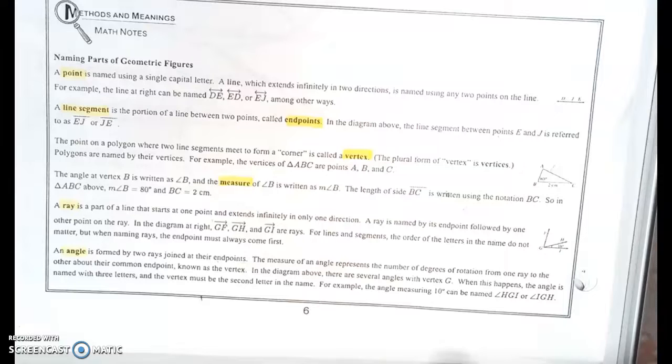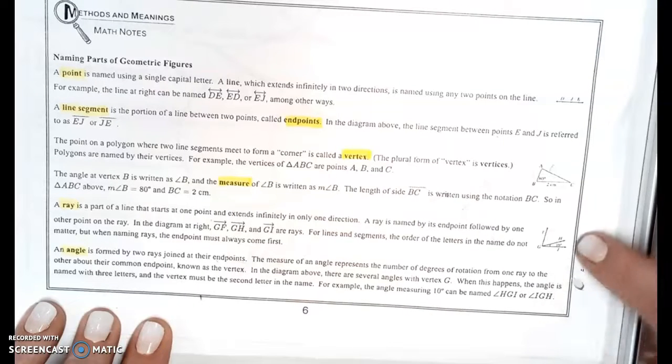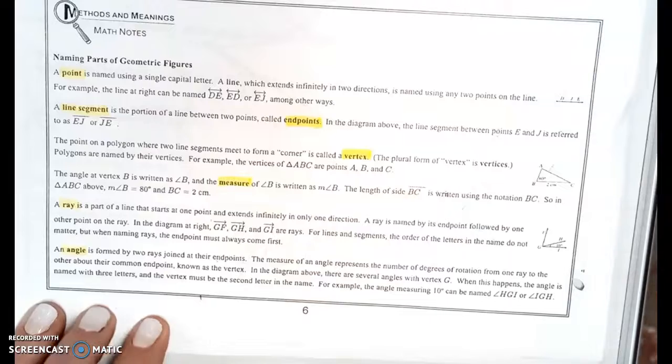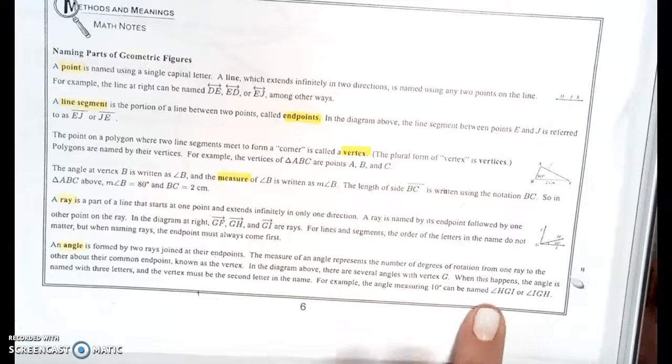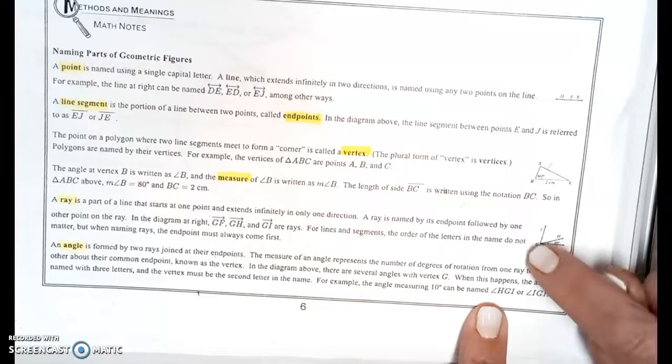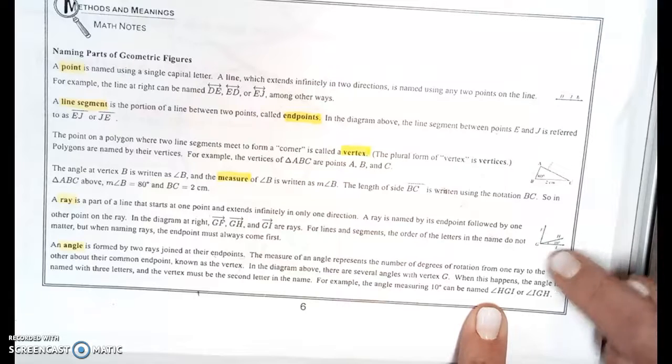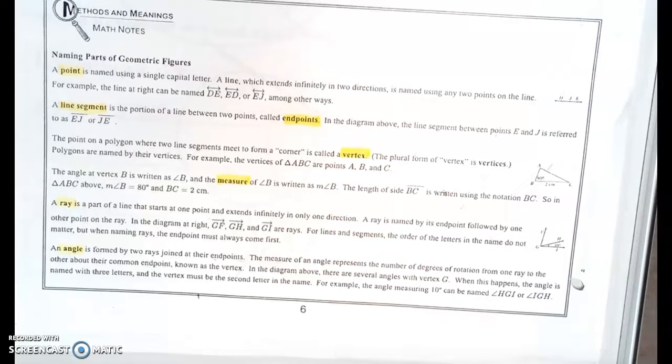For example, the angle measuring 10 degrees, really small right there, it says 10 degrees. You guys, can you see it on your copy, or is it too small? You can see it okay? Good. All right. You can name it angle HGI, or you can name it angle IGH. That vertex G has to be the middle letter every time. You couldn't put the G at the beginning or the end because it's the vertex.